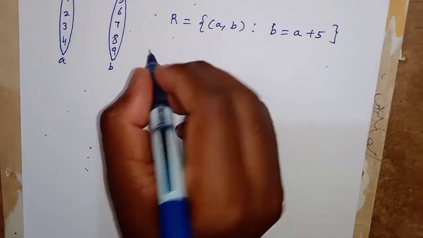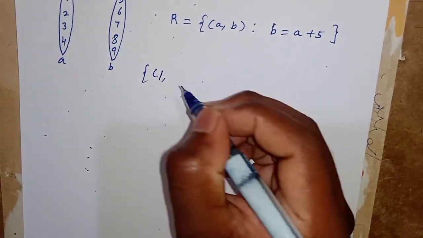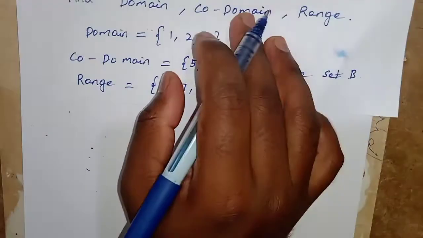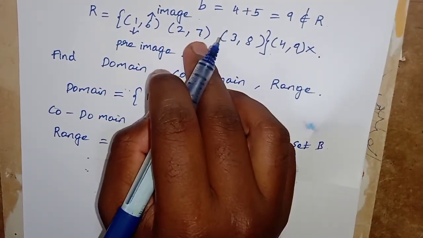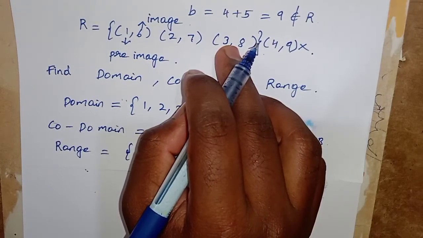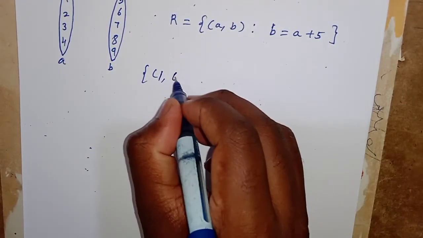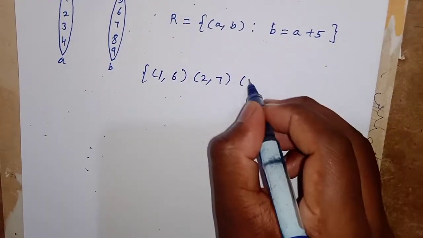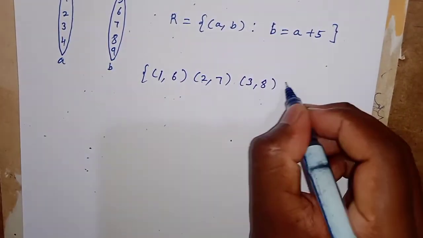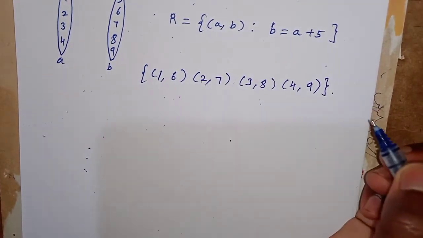Therefore it will become 1 comma 6, 2 comma 7, 3 comma 8, 4 comma 9.